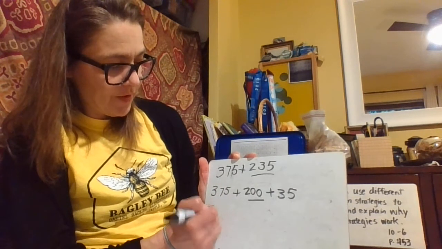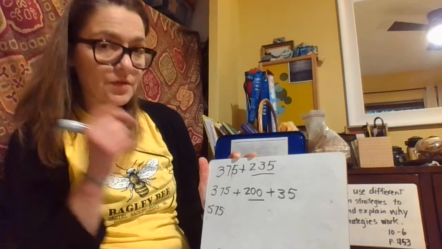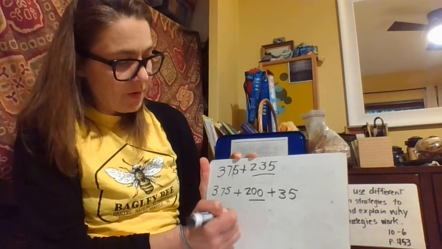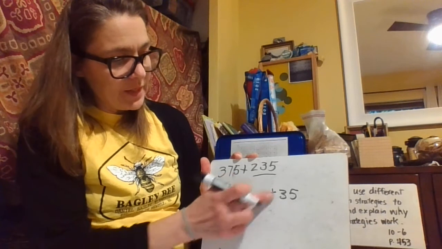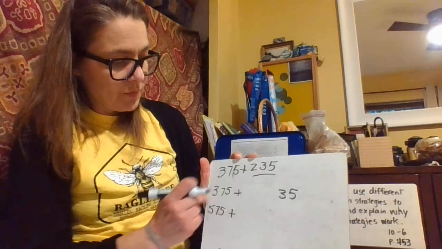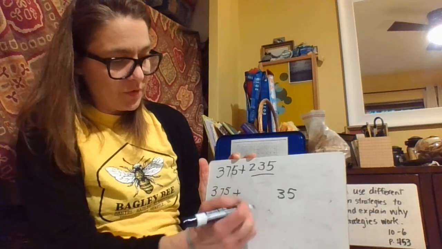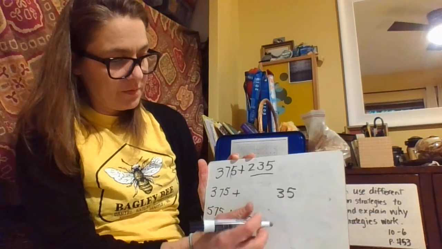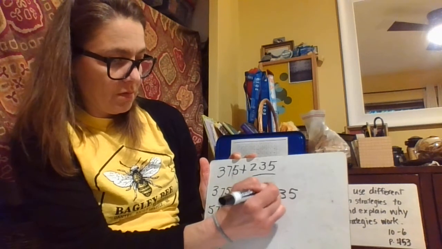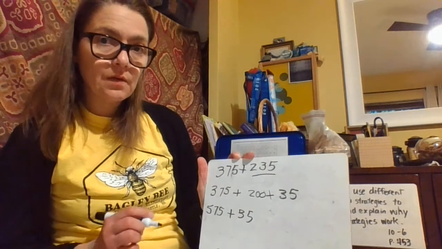So we have 575 because 300s and 200s equals 500s. So now you've made it a bit of an easier problem because now you just have 575 plus 35. Okay, I guess I should leave that there so you can see it.